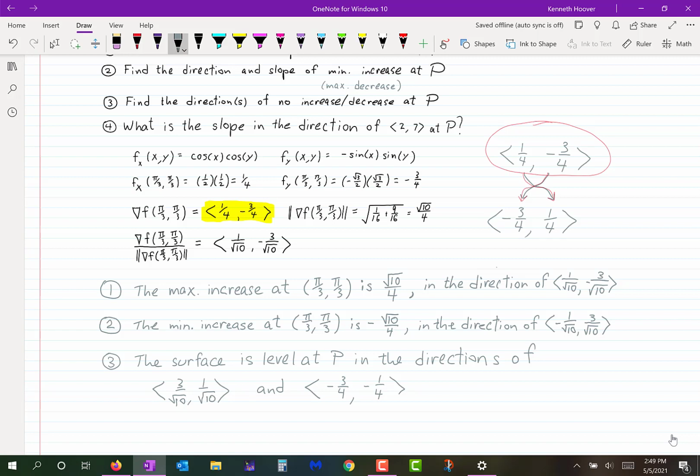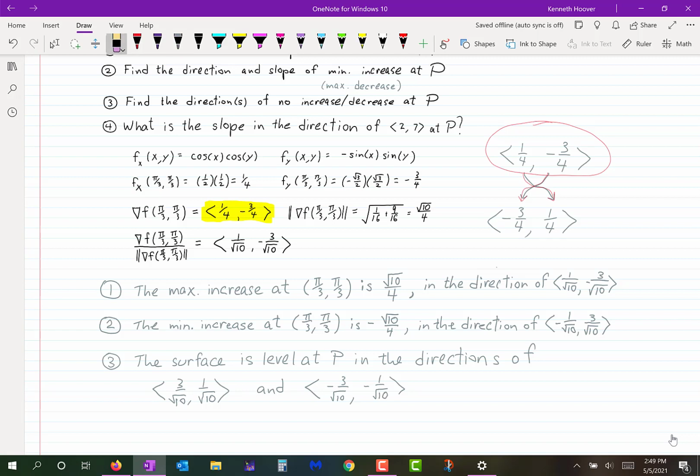That's one direction in which the surface is level, and the other direction in which the surface is level will be negative 3 over root 10, negative 1 over root 10.